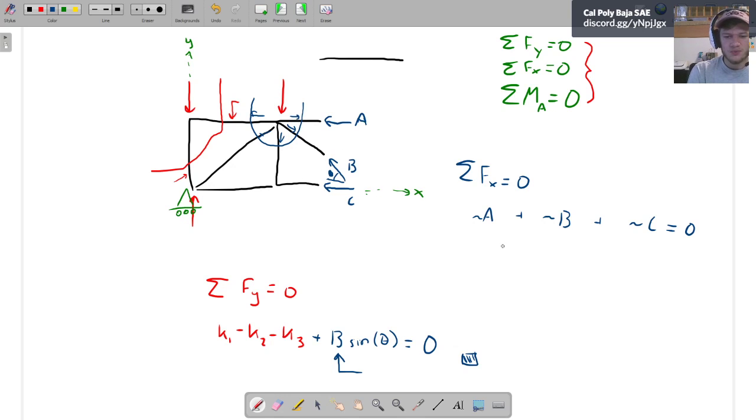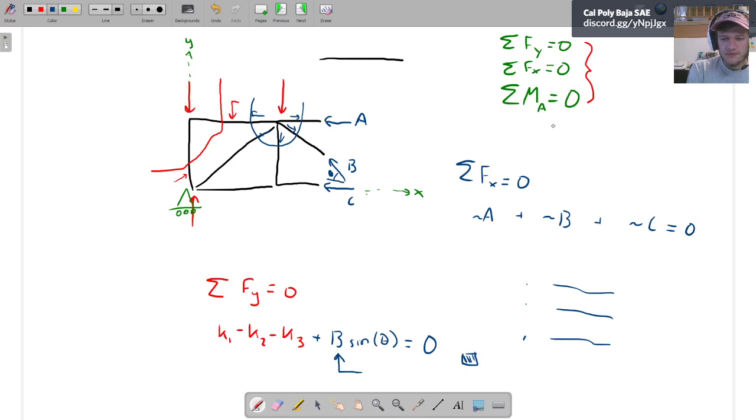Because now what we'll end up with is 3 equations with 5 unknowns, and we'll have to do another cut or a method of joints, or we'll have to find some other way to give ourselves more equations with which to solve those variables. So typically when you're doing method of sections, you want to only cut through at most 3 members at a time.